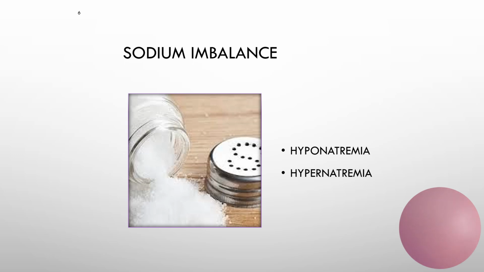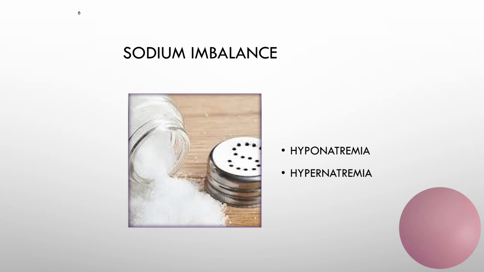So let's look at our electrolytes. Sodium is really important in maintaining normal nerve and muscle activity, regulating osmotic pressure, and preserving acid-base balance, while the main role is going to be to regulate and distribute fluid in the body. So the most important thing about sodium is water follows sodium.